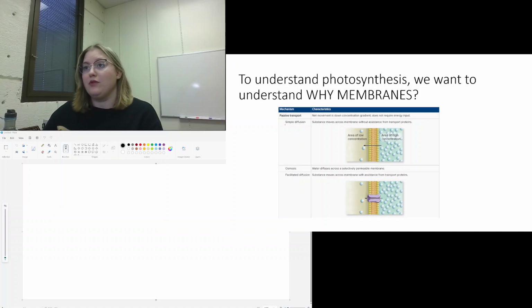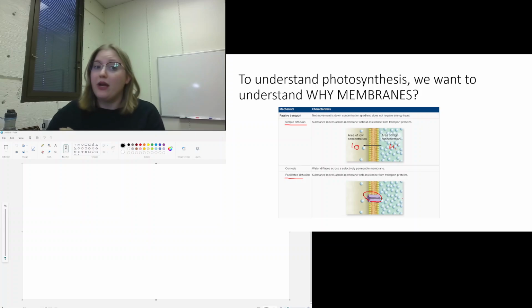That is simple diffusion, and this goes from high concentration to low concentration, so it does not need energy. And then we have facilitated diffusion, which uses a transport protein in the membrane, and that membrane protein allows molecules to pass through the membrane that would not be able to pass unassisted.